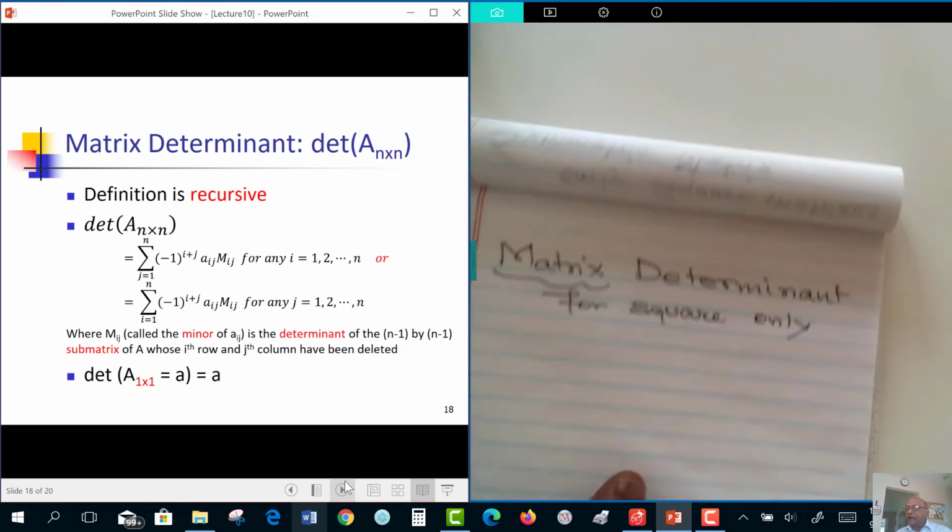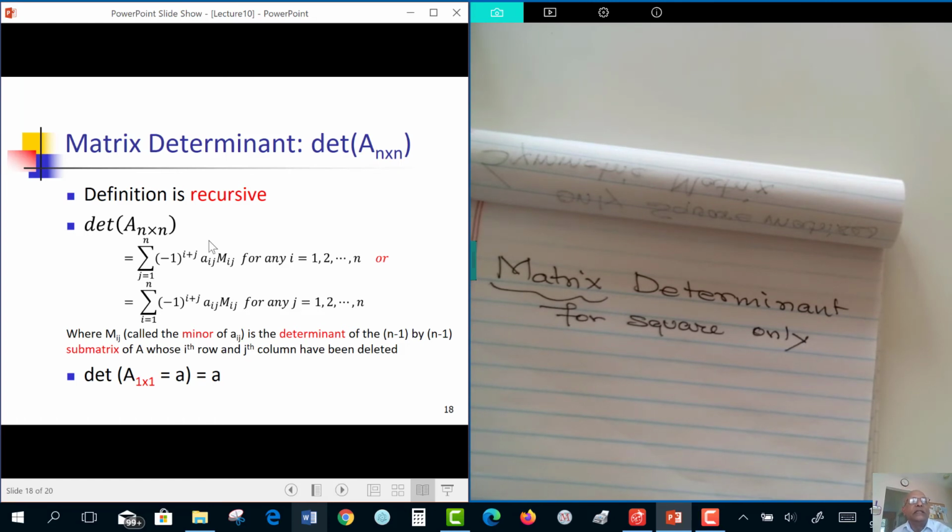It turns out the definition of determinant is recursive. So I'm not going to write this down because it is written much nicely here. Basically, the determinant of a square matrix is a sum of many terms. Each term alternates with a sign, and then we have the element of the matrix times the minor of that element.